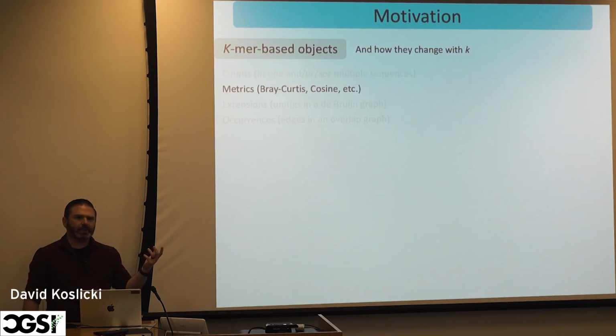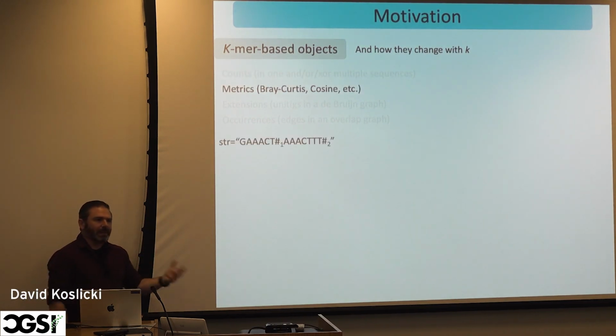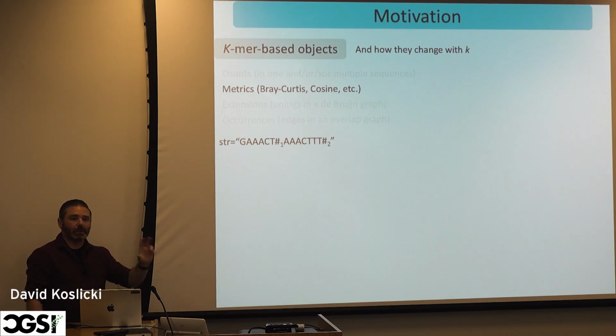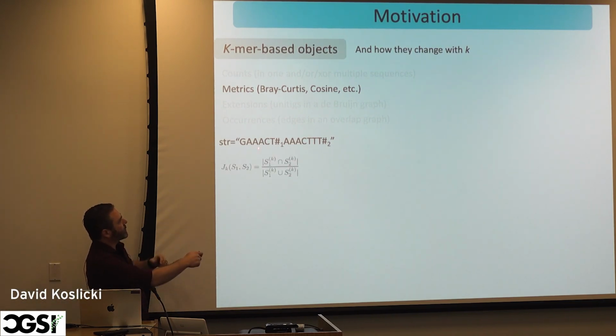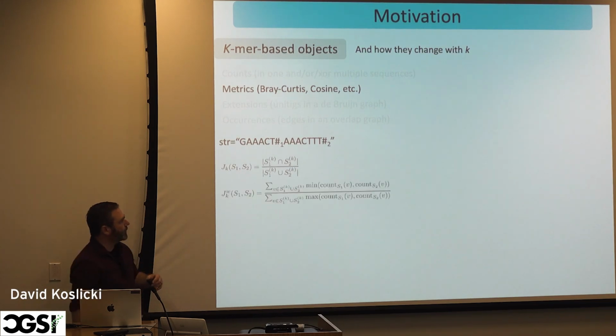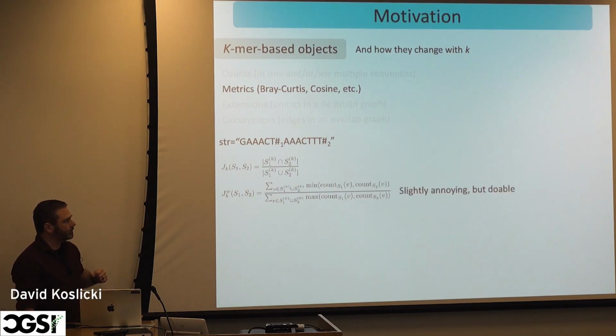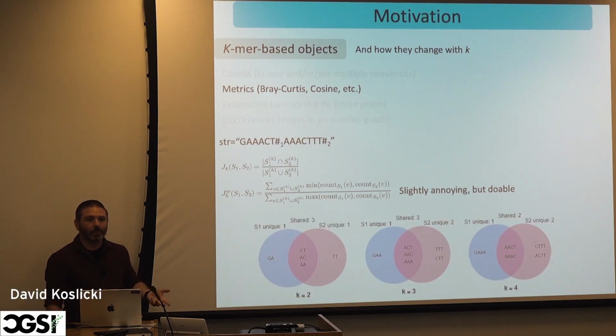What if we start moving to metrics? Now we have two sequences. Here I've concatenated sequence 1 and sequence 2 together. We might talk about some sort of metric on these two, like the Jaccard index: k-mers in one, k-mers in the other, k-mers in both or just one of them, and then the weighted version of this. This is slightly more annoying than single k-mer counts, but still doable.